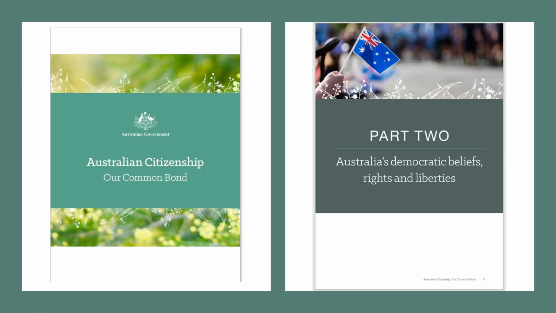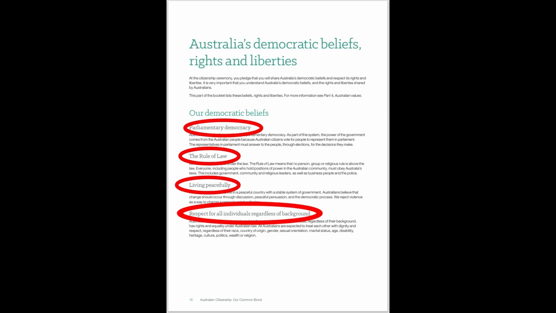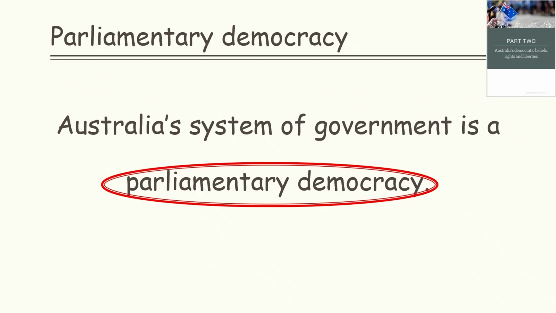Today's episode is taken from Part 2 of Australian Citizenship, Our Common Bond. We're going to have a look at Australia's democratic beliefs, rights, and liberties on page 18. A quick reminder, when you see this symbol, it means that the words come directly from the Our Common Bond booklet. This is a clue that this is important information to remember for the test.